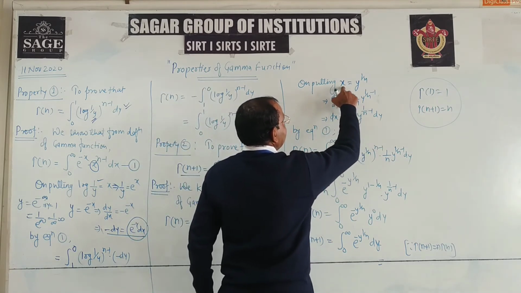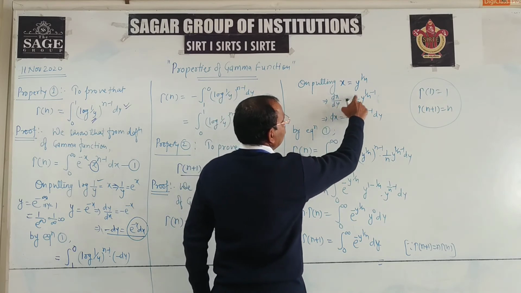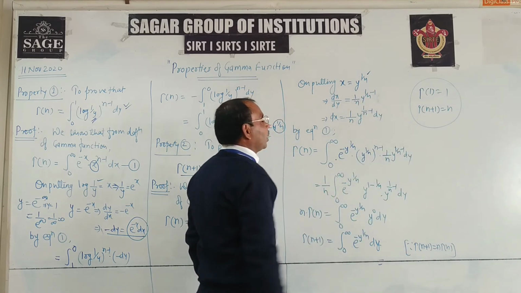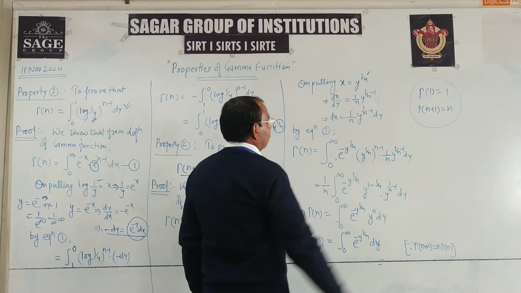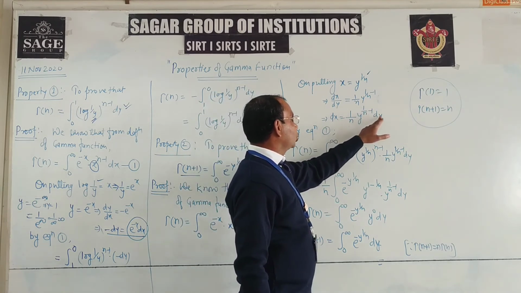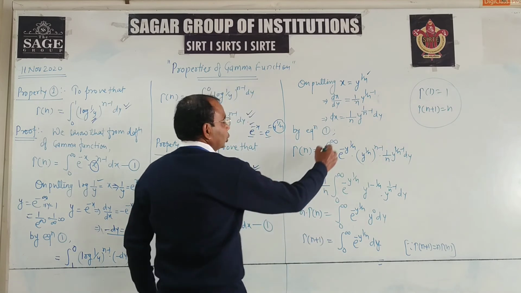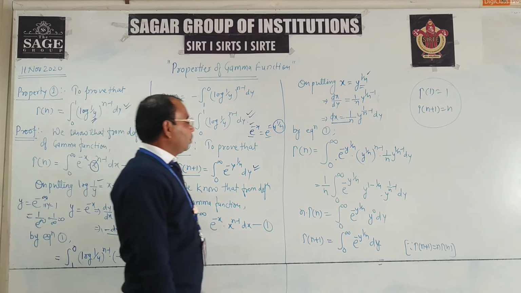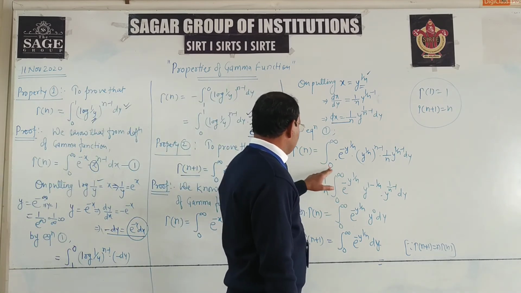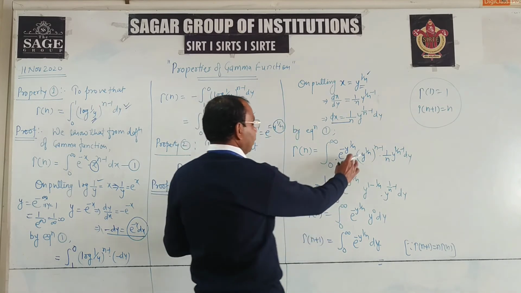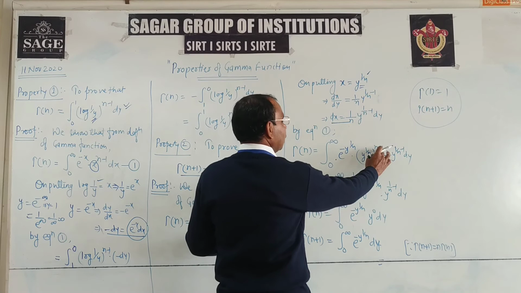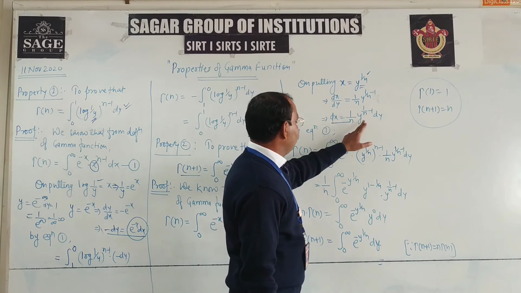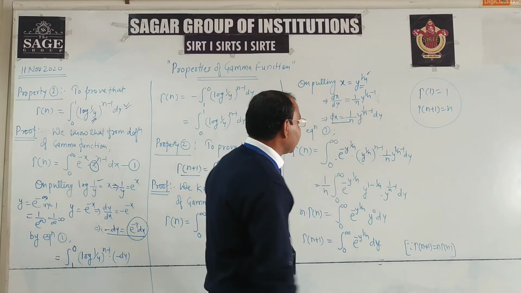Now we differentiate x with respect to y: dx upon dy is equal to 1 upon n, y to the power 1 upon n minus 1, so dx is equal to 1 upon n, y to the power 1 upon n minus 1 into dy. Now we replace these values in the definition form: gamma n is equal to the integration from 0 to infinity, x is replaced by y to the power 1 upon n, in x to the power n minus 1, and dx is replaced by 1 upon n, y to the power 1 upon n minus 1 into dy.